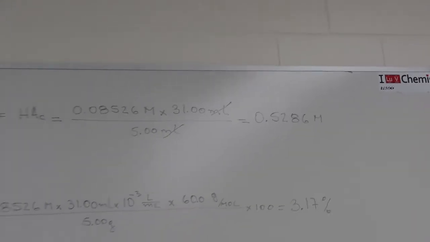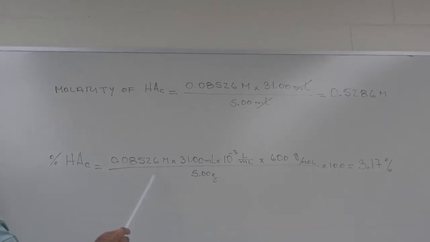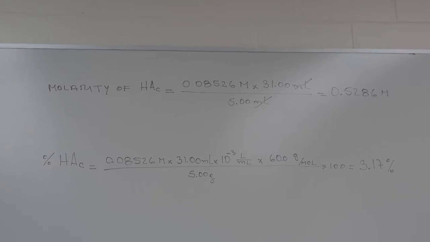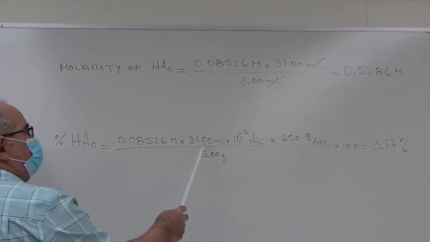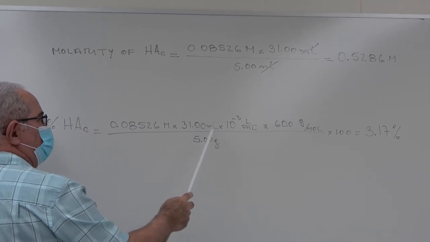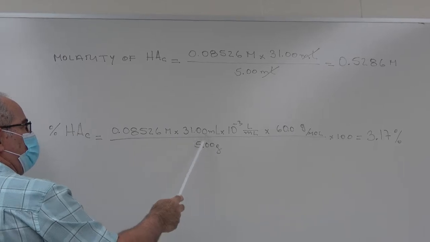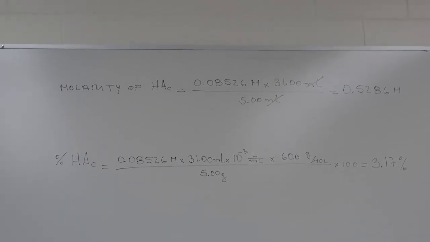To calculate the percentage now, first we calculate the number of moles of acetic acid that we had in our sample, and that's going to be the molarity times the volume, but make sure that the volume is in liters, which means that the 31.00 milliliters needs to be multiplied by 10 to the minus third.